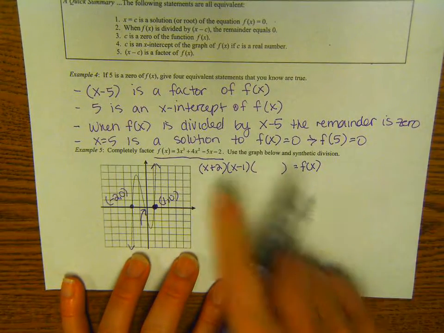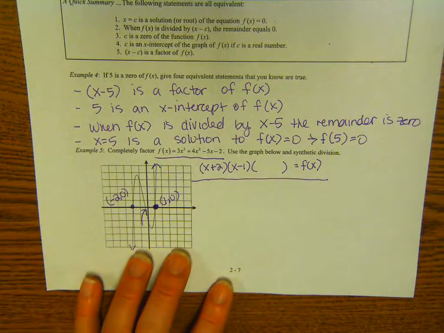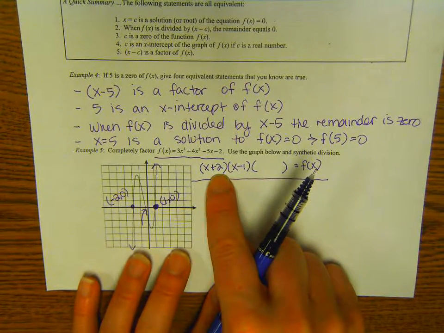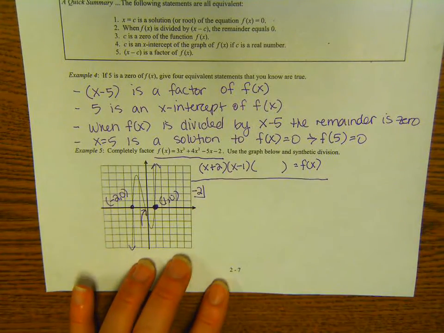Where do you want to start? You want to start with this one, so negative 2? All right, guys, let's put negative 2 in the box. We're going to divide it off and see what happens. And we're dividing this function f of x.